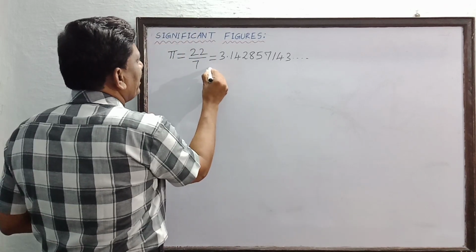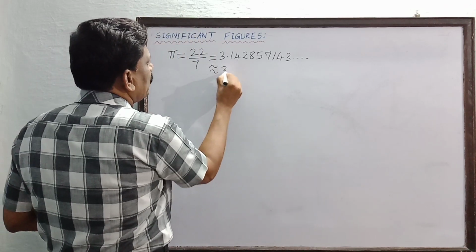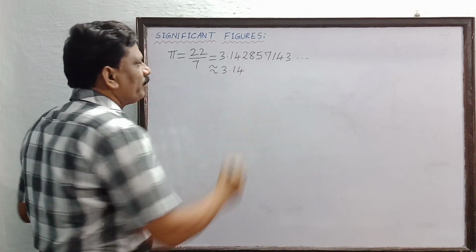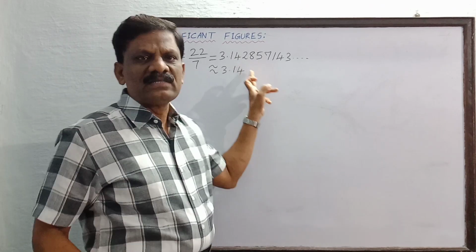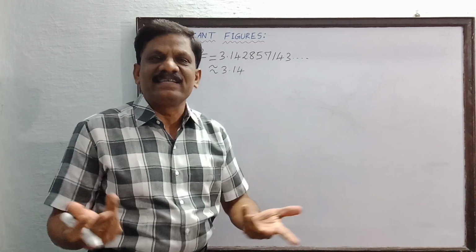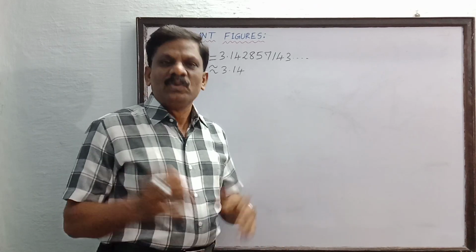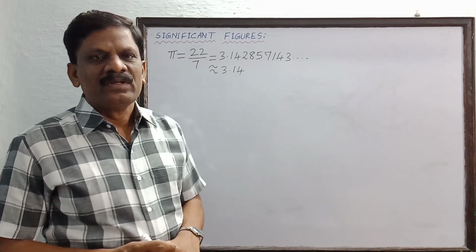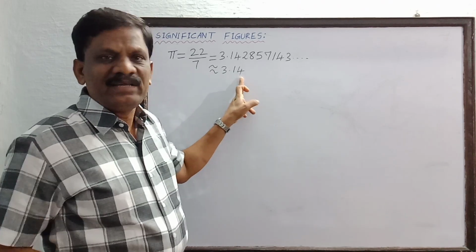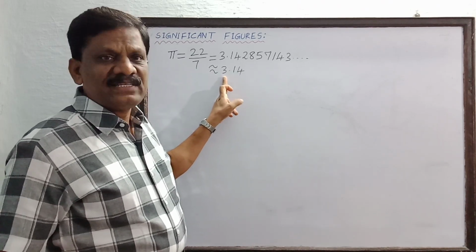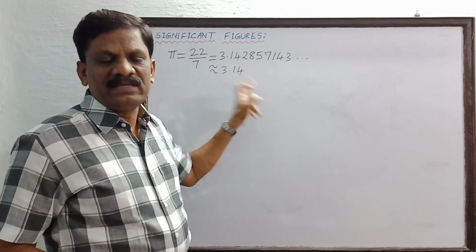This is nearly equal to 3.14. All the digits beyond this 4 are not certain. They are not at all certain, which means they are uncertain. They do not have any significance. So only 3 digits, namely the 3 before the decimal and the 1 and 4 after the decimal, have some significance.